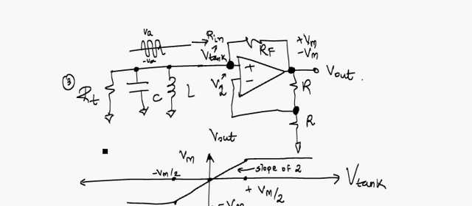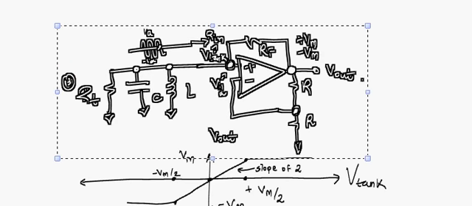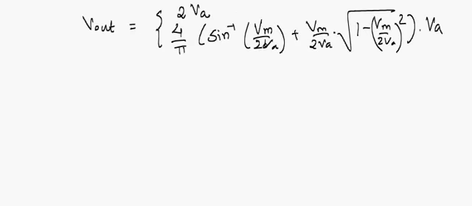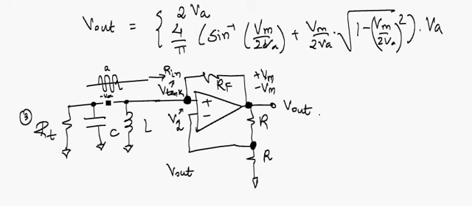So if I go back to this circuit, let me just copy this circuit over. What this says is, if I have an amplitude of VA here, the amplitude of the sinusoid, because of the describing function, V out is going to be this.